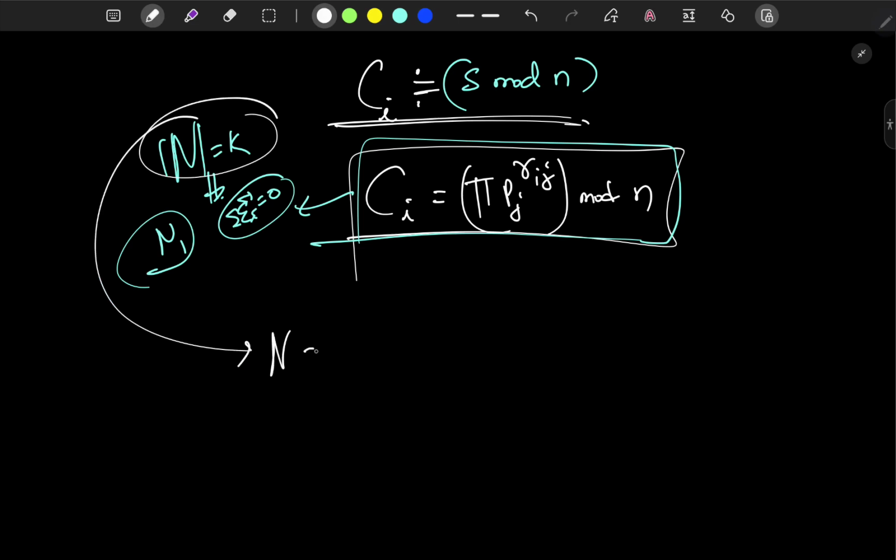Now this n is nothing but b1, b2, up to bk. Now I am defining small bi.